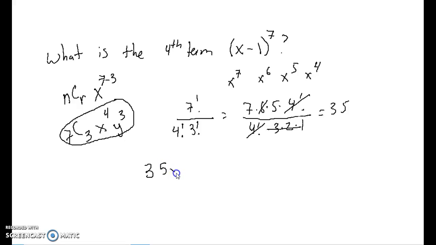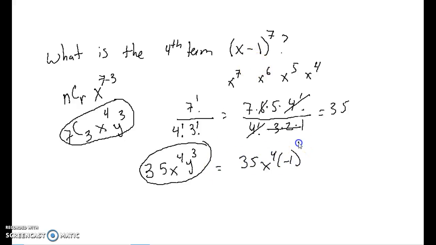So 35 x to the power of 4 y cubed would be our starting point. Instead of y, we plug in -1, because it's not really a y, and -1 to the power of 3 stays negative. So your fourth term should be -35 x to the power of 4.